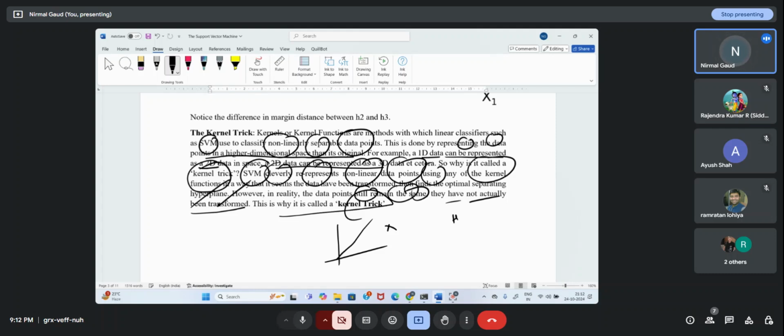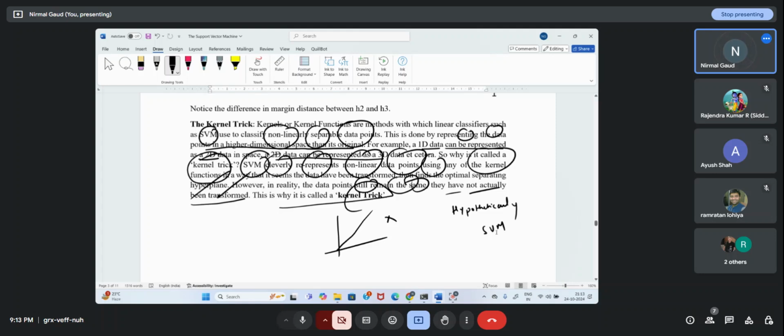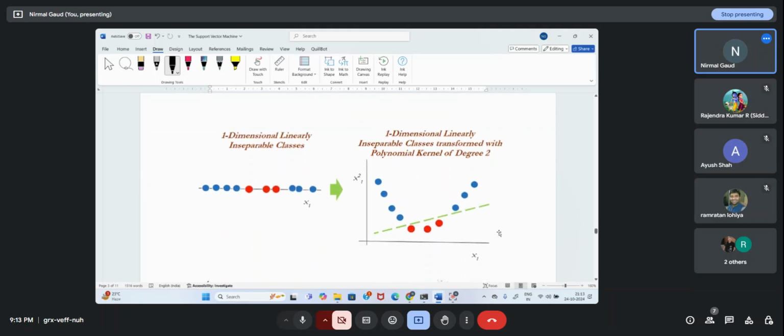So it's hypothetically done by SVM: it will transform the data to higher dimension. It will represent the data in higher dimension, and then it will classify. Okay, fine. So here you can see a one dimensional linearly inseparable class. It is inseparable because I can't separate the red and the blue with a line.